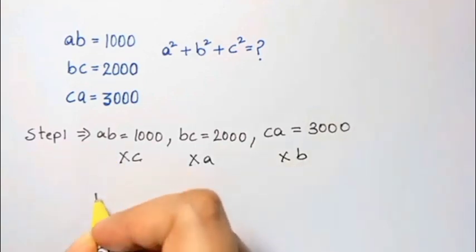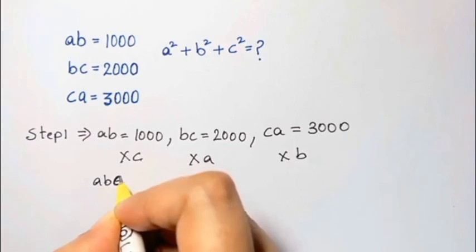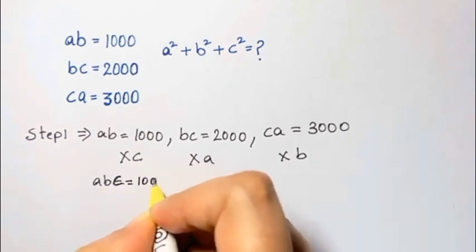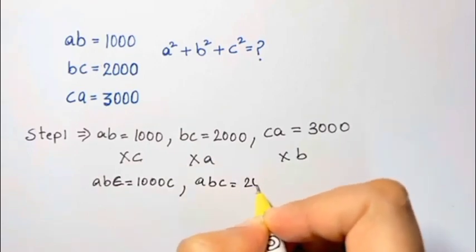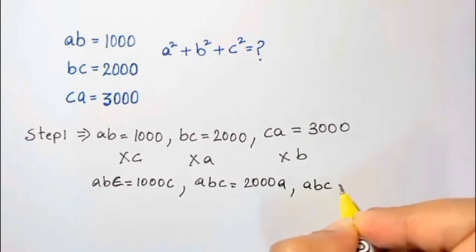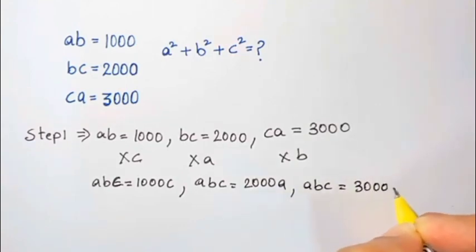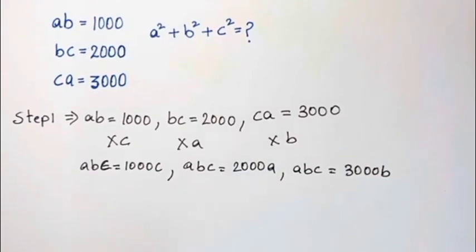So after we multiply, we get ABC is equal to 1000C. Here we have ABC is equal to 2000A, and here we have ABC is equal to 3000B. So what can you identify from this?